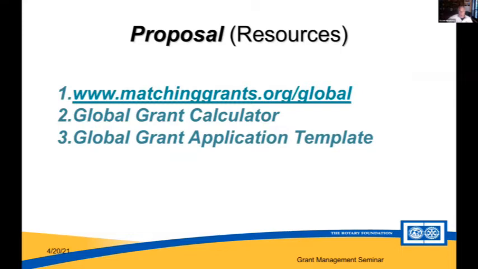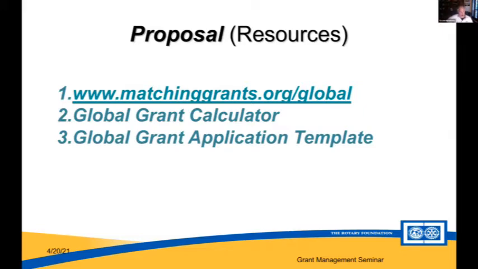Okay, so resources for a proposal, matchinggrants.org is invaluable and it's required by the district grant management team. There's a tool at RI on Rotary.org called the Global Grant Calculator. It makes it much easier when you're doing your planning for your spending for your grant.